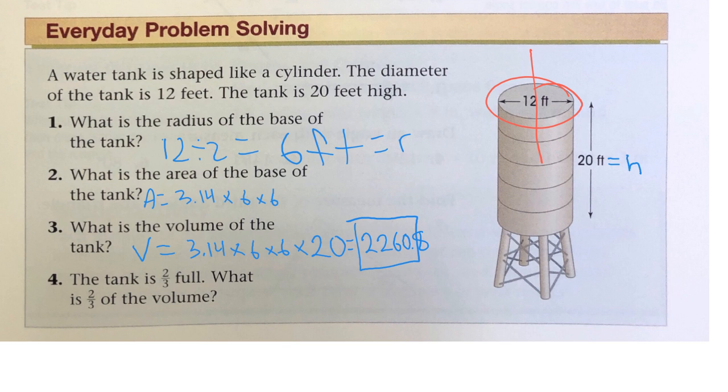All right, for sake of time, our answer to 3.14 times 6 times 6 times 20 is 2,260 and 8/10 cubic feet. And if we want to know what 2/3 of that is, we can multiply 2,260.8 times 2/3 and put this over a 1.